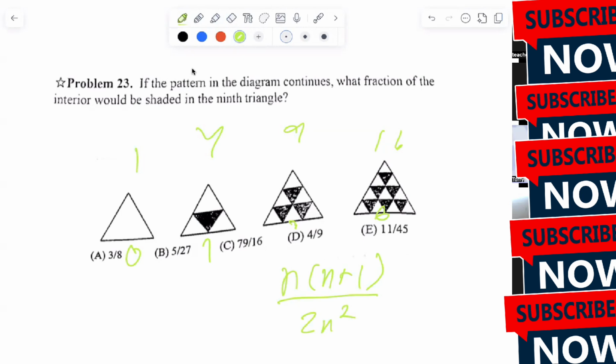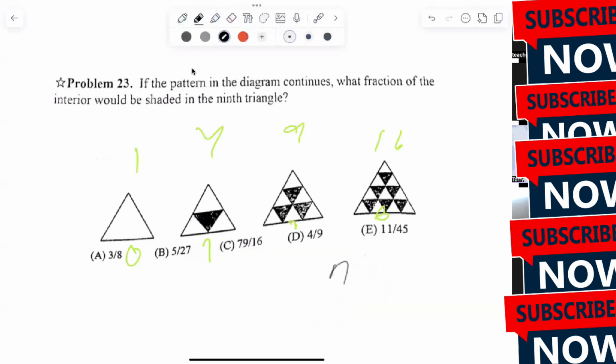So the nth triangle is going to have n times n plus 1 divided by 2n squared shaded. I think. Let's try it out. Oops, sorry. It's n times n plus 1 divided by 2 times n squared, which simplifies to n plus 1 divided by 2n.